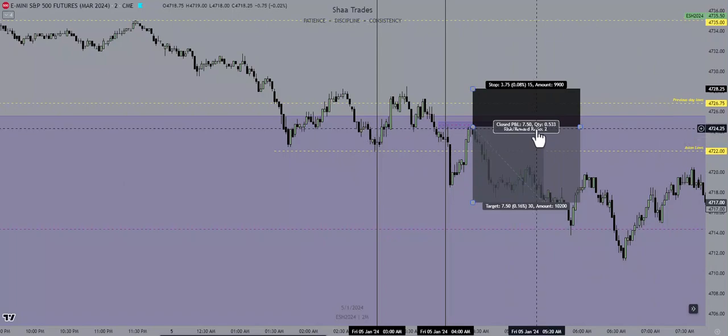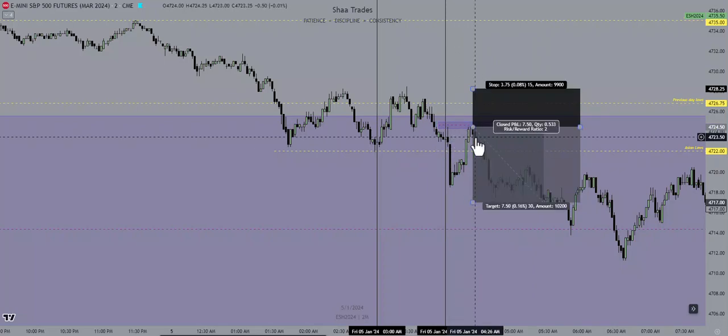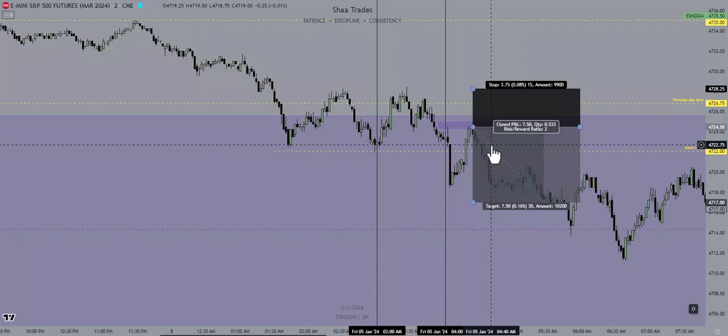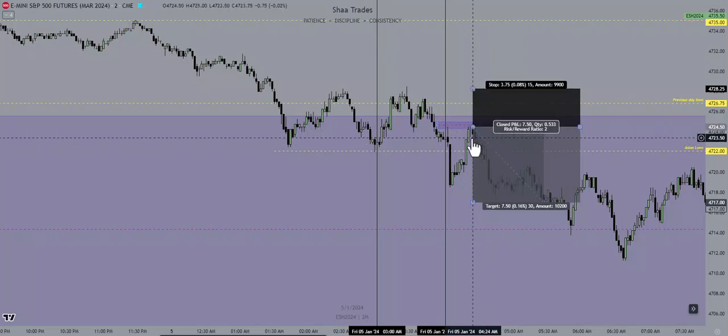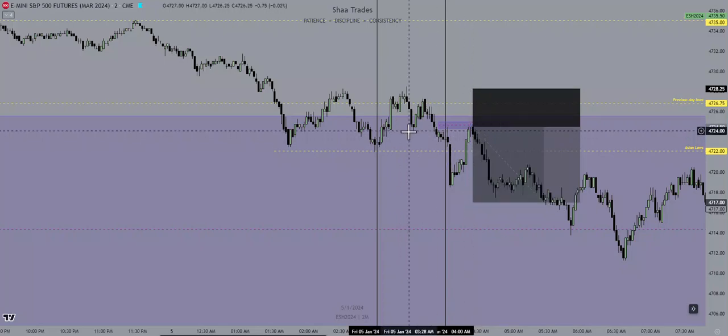As I said, I personally wouldn't have taken it outside of that hour, but at the same time, we're still inside of the London kill zone. So if you trade the kill zones, then you definitely could take this setup. For me, as I said earlier, I just try to stay disciplined and just trade inside of that.